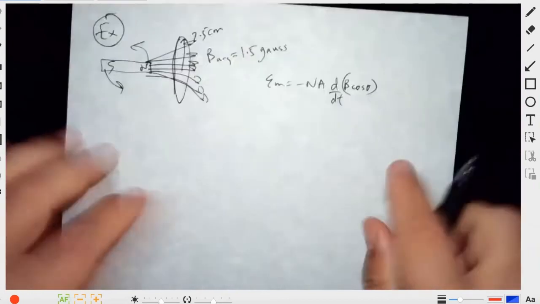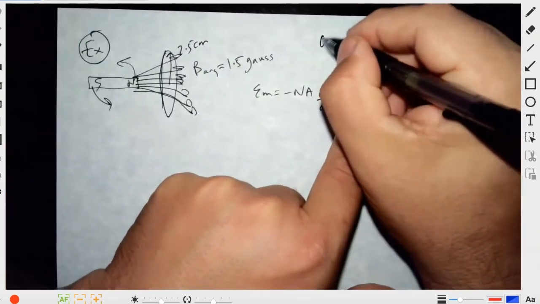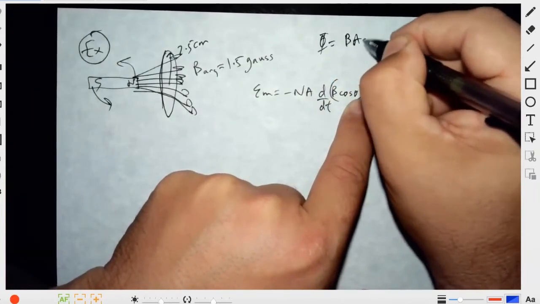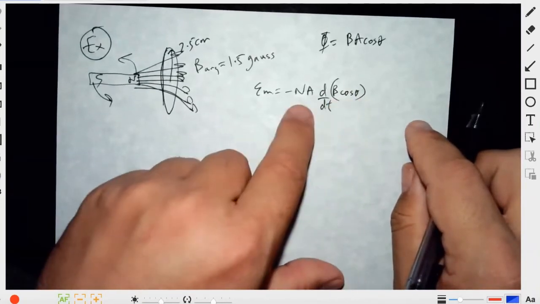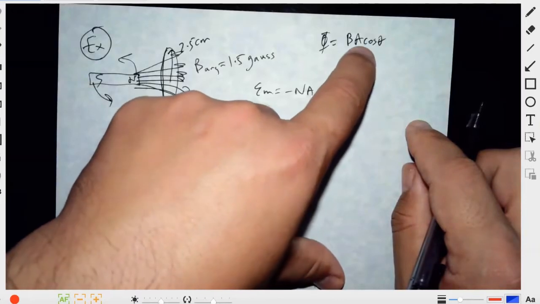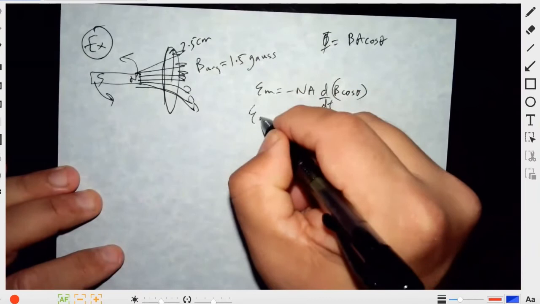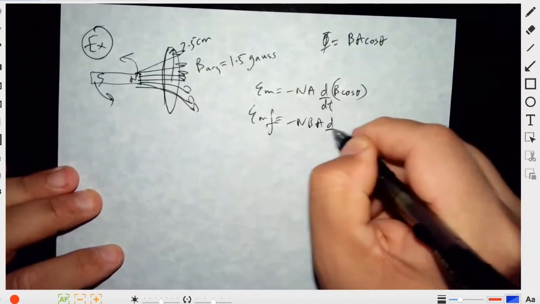But what's changing is the cosine of the angle between them. So, remember flux is BA cosine theta. So the N came out, and the A came out. The B actually can come out. Oh, that's nice, negative NBA.